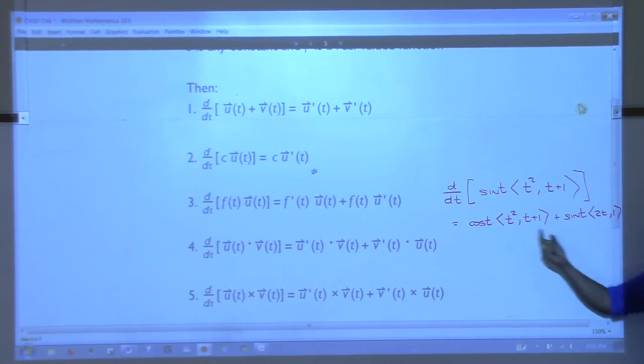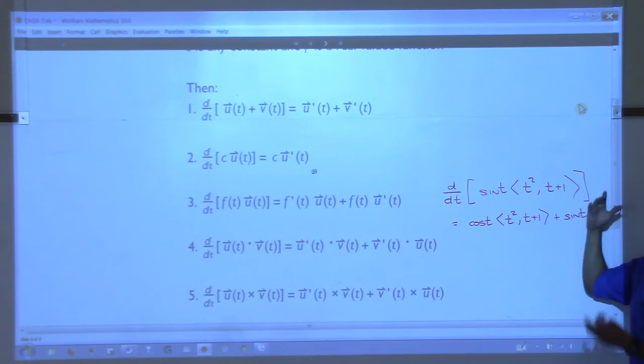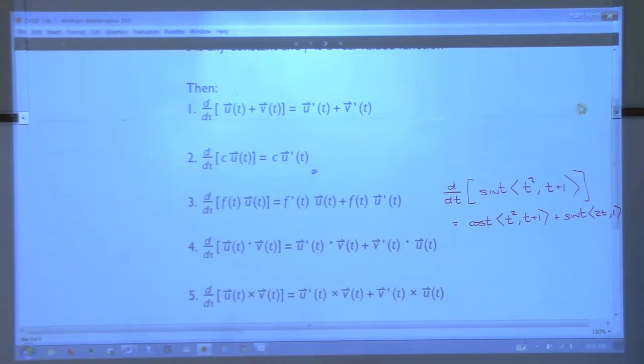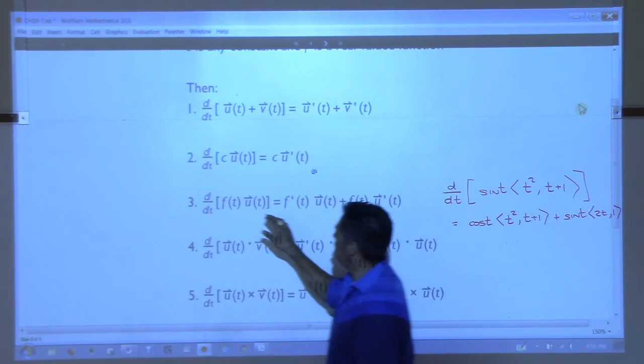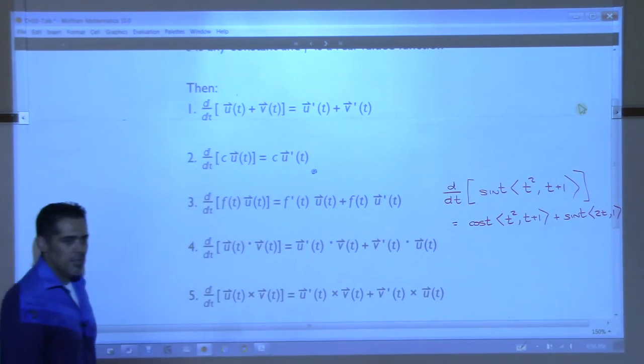If you put the cosine through and the sine through and then put the two vectors together, you would get the same result as if you had multiplied through first and then differentiated individually. So this is how you deal with a scalar times a vector function. Just do your product rule.